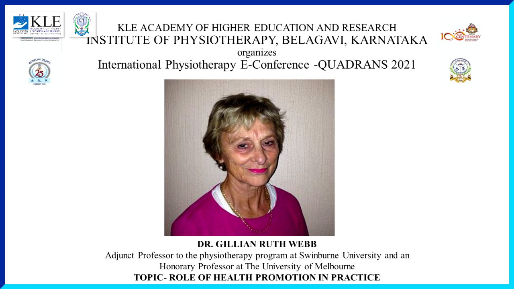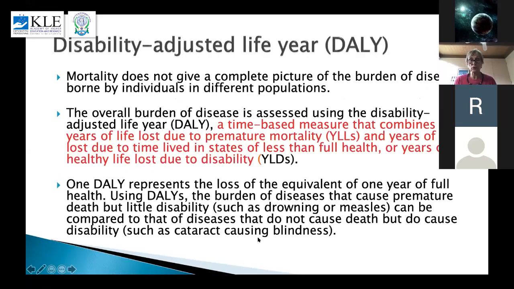The next thing to understand is about disability and the thing called the DALY, or the Disability Adjusted Life Year. So just talking about someone dying doesn't actually help us an awful lot, looking at the burden borne by individuals in different populations.